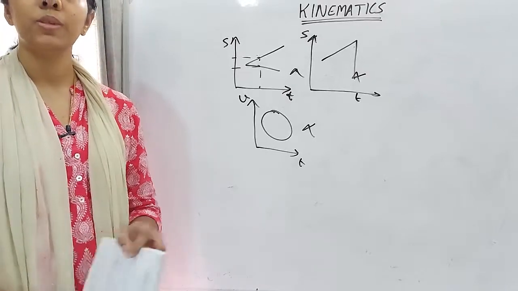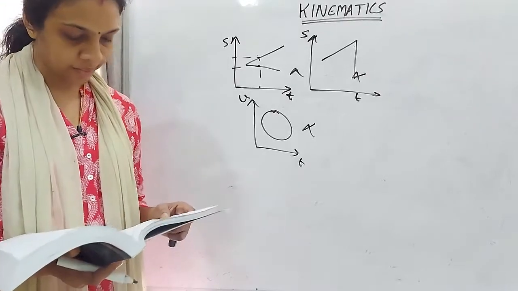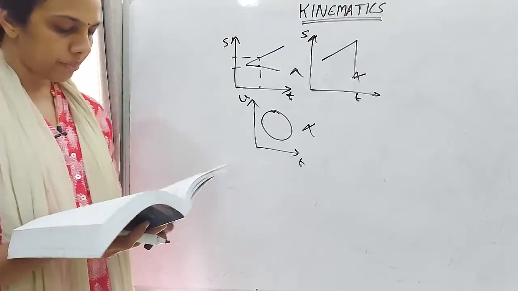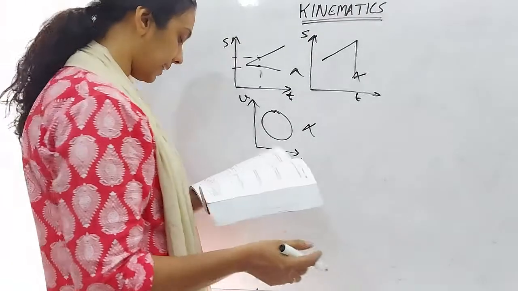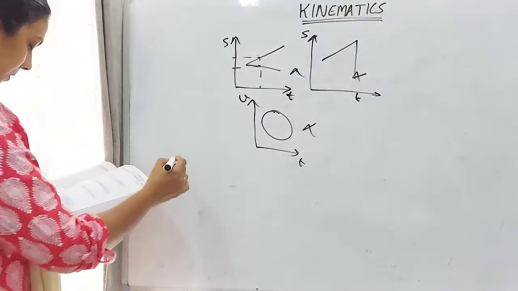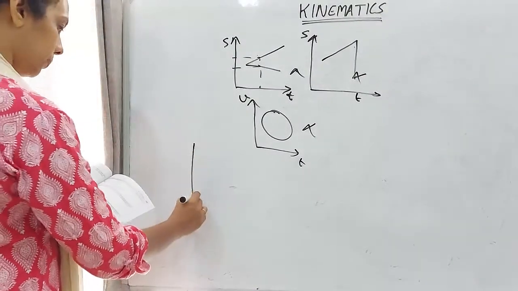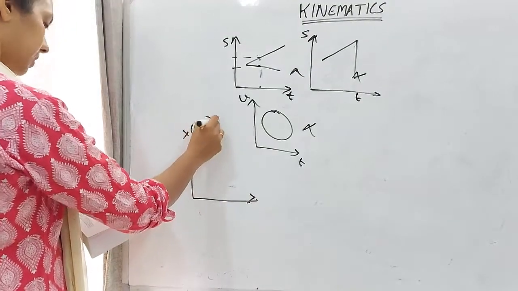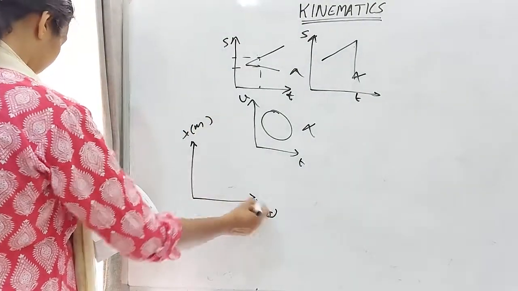Now we will do some numericals relating to this. Introductory exercises. Two particles A and B are moving along the x-axis. Their coordinate versus time graphs are as shown below. Position is given in meters, time in seconds.